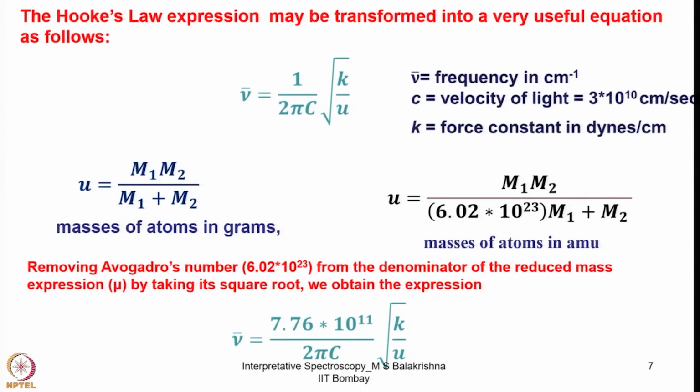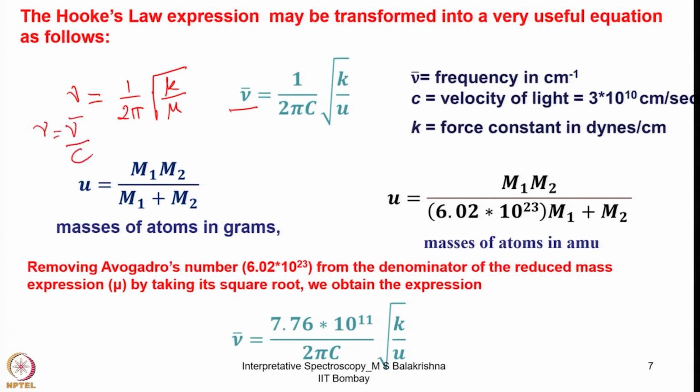The Hooke's law expression can be simply transferred into a very useful and simplified equation in this manner. We know that nu bar equals 1 over 2 pi c into square root of k by mu. This comes again by nu equals 1 by 2 pi into square root of k by mu, but nu equals nu bar by c.